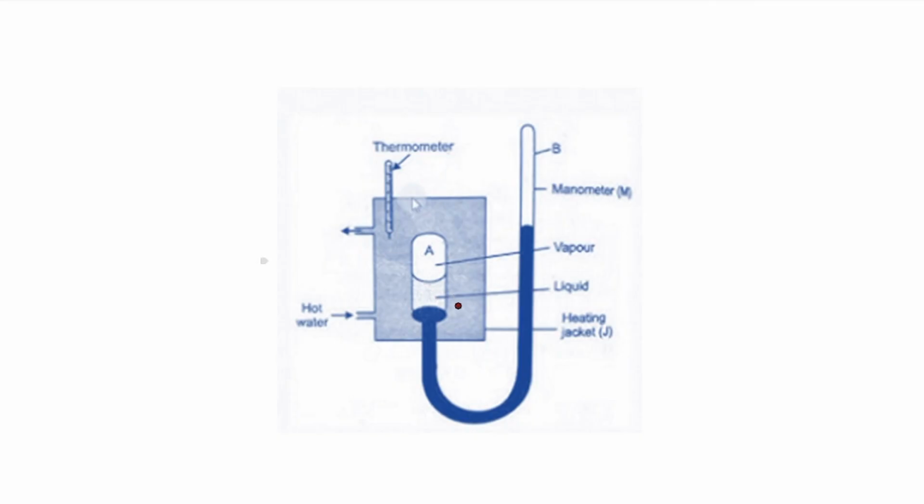Now, this gas bulb is attached to a manometer. What is the manometer used for? Manometer is used to measure pressure. So, I am going to use this manometer to read the pressure.